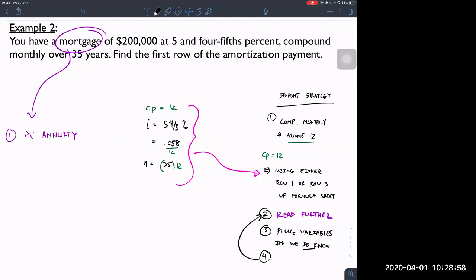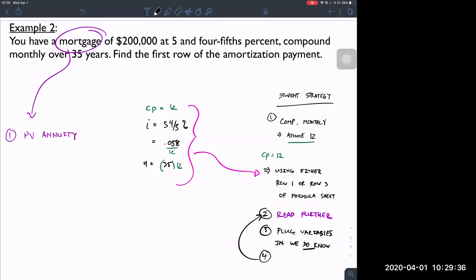Last strategy is that you go, okay, well, what if I still don't trust myself that it could be the first row? How do I know it's not the first row for sure? Well, when you read this, you have a mortgage, 200,000, 5 4/5% compound monthly over 35 years, right? I know I'm personally leaving out the fact that there are no multiple payments. So you might go, oh, well, he didn't specify that it's multiple payments, but you know it's not because it's a mortgage, right?